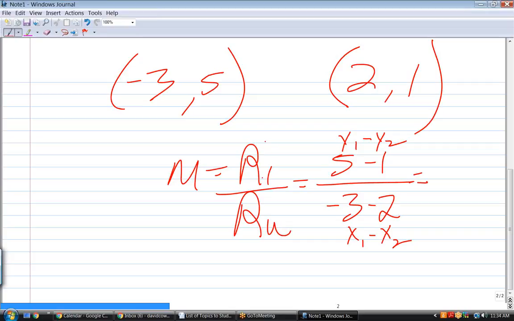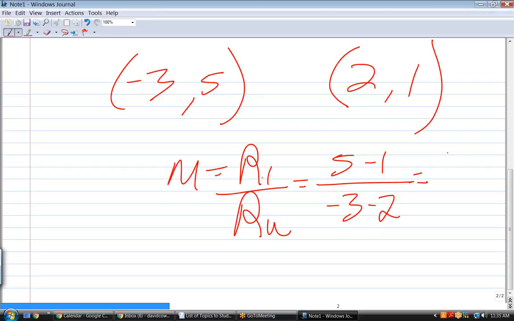There are a lot of times you would rather subtract these numbers from those numbers rather than the other way around. So it's helpful to know that you can go either way, just don't mix it up. Don't ever do y sub 1 minus y sub 2 divided by x sub 2 minus x sub 1. You'll get the wrong sign on your slope.